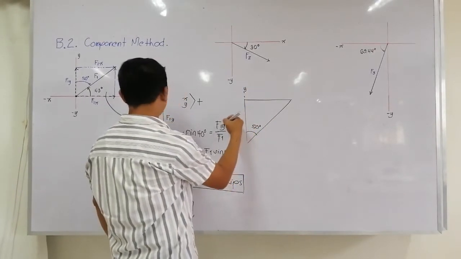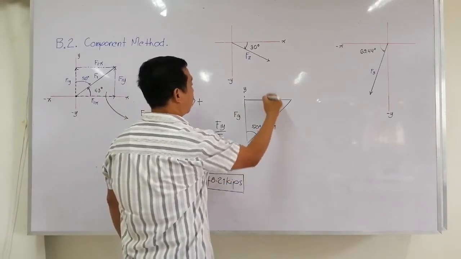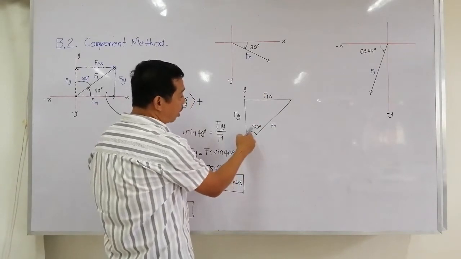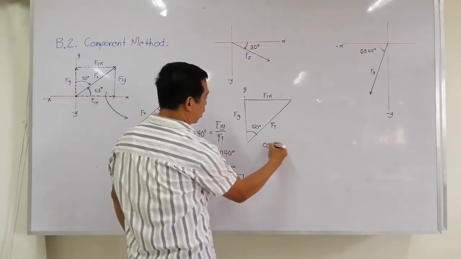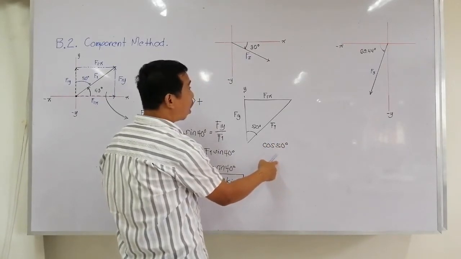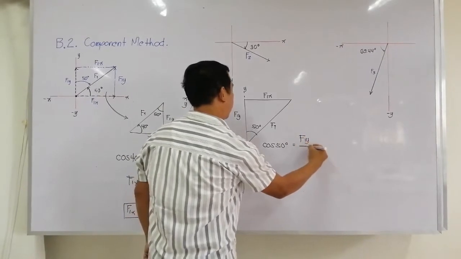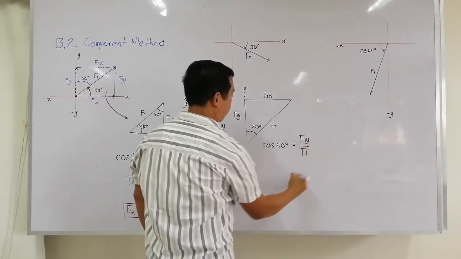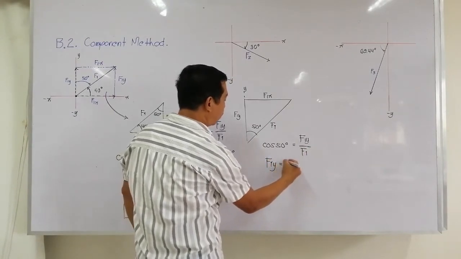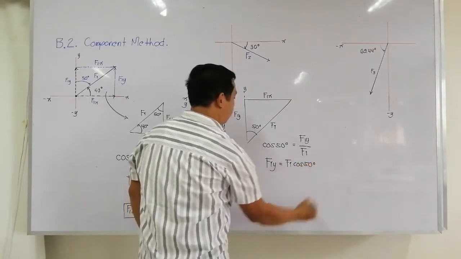Alam natin na ang value nito, this is your f1y, this is your f1, this is your f1x. Now, kung gagamit ka ng cosine 50, cosine 50 would have to be adjacent over hypotenuse. So, your f1y, or the y component of f1, would have to be f1 cosine of 50.